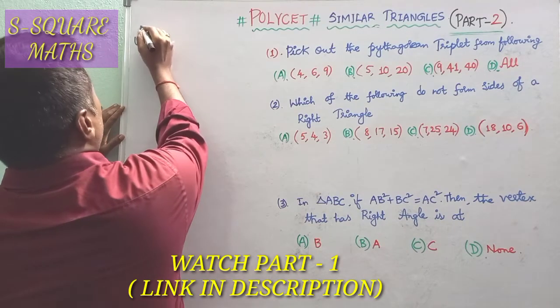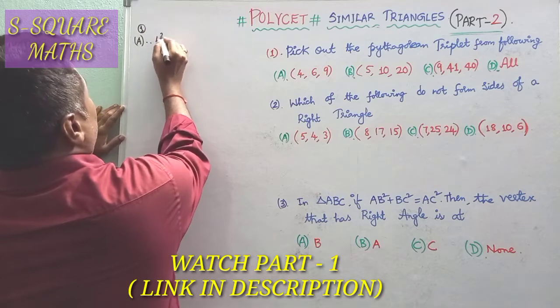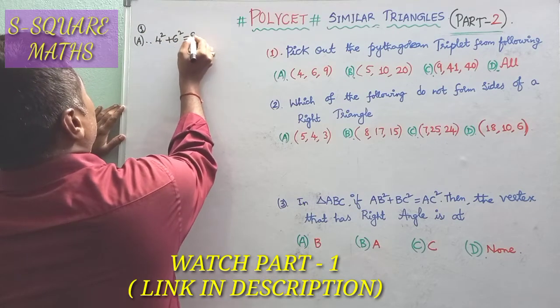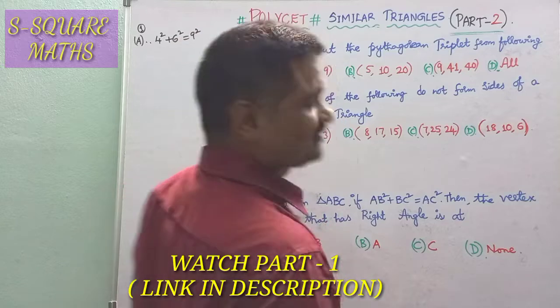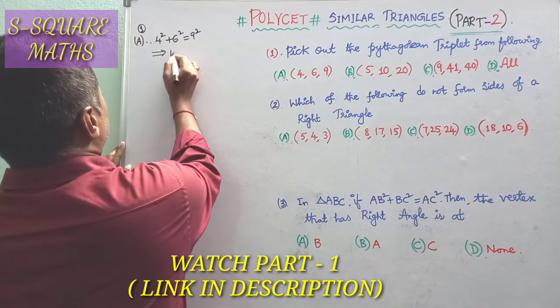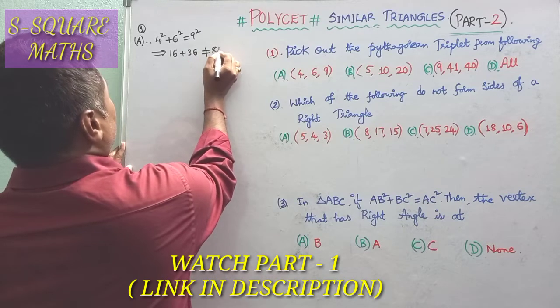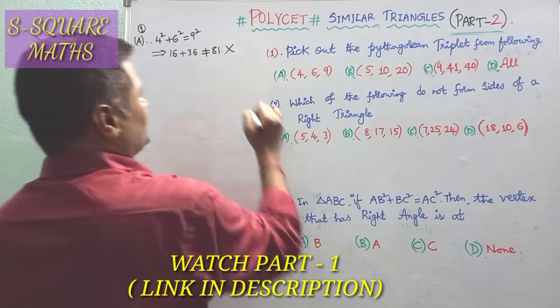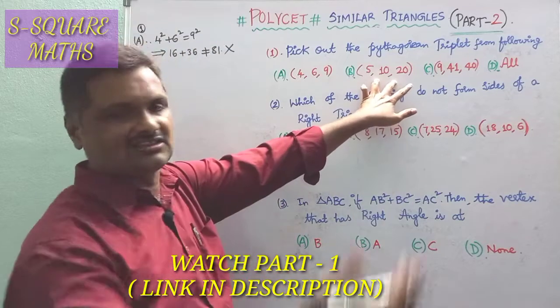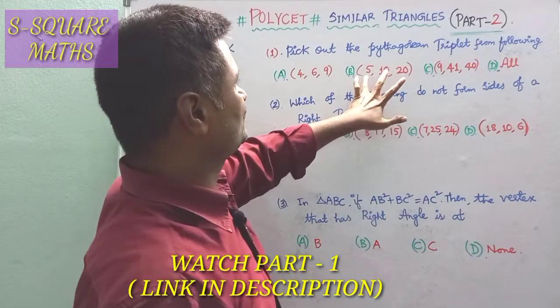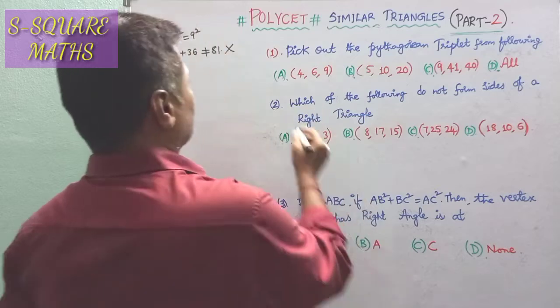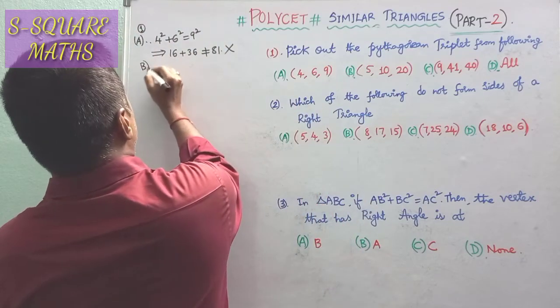So let us check option A. For the first one, 4 square plus 6 square should be equal to 9 square. So I can write here 16 plus 36, which is anyhow not equal to 81. So option A fails. If you consider orally also, 20 square is equal to 5 square plus 10 square, so option B will also fail here.